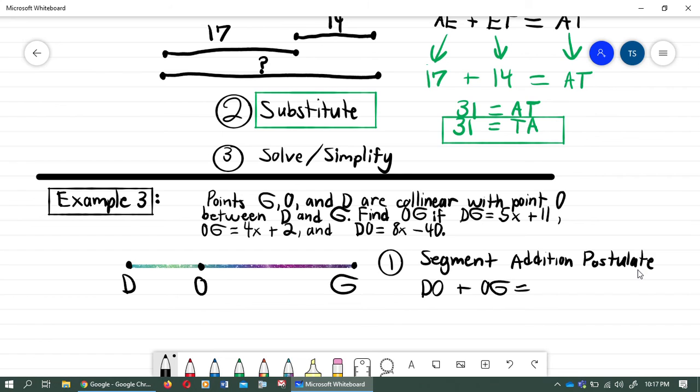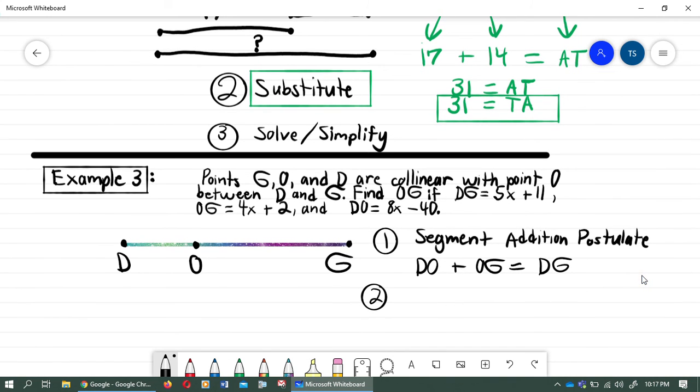The entire segment equals DG. Alright, so DO plus OG equals DG. Alright, so again, folks, after you've written out that segment addition postulate, I'm going to want for you to substitute.